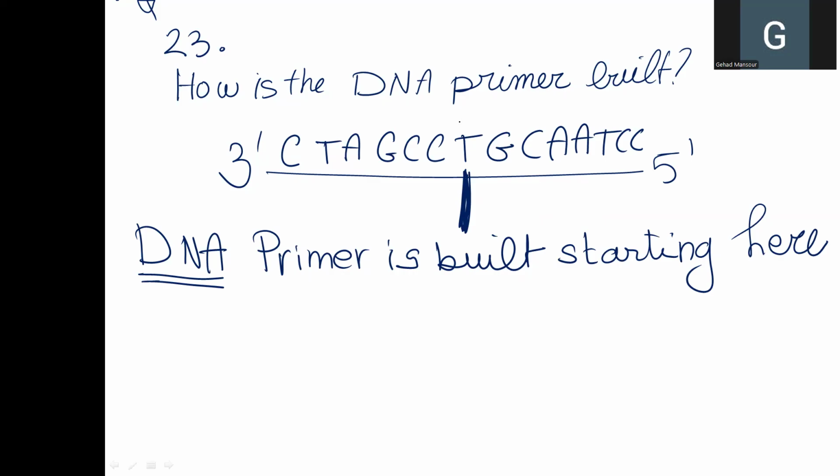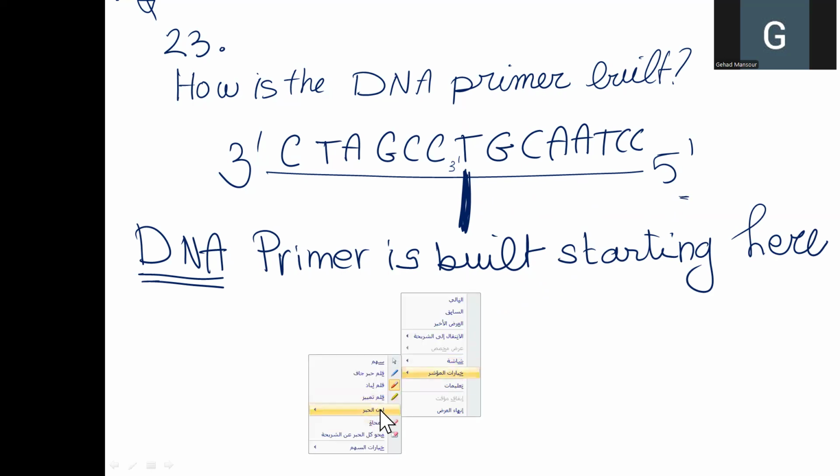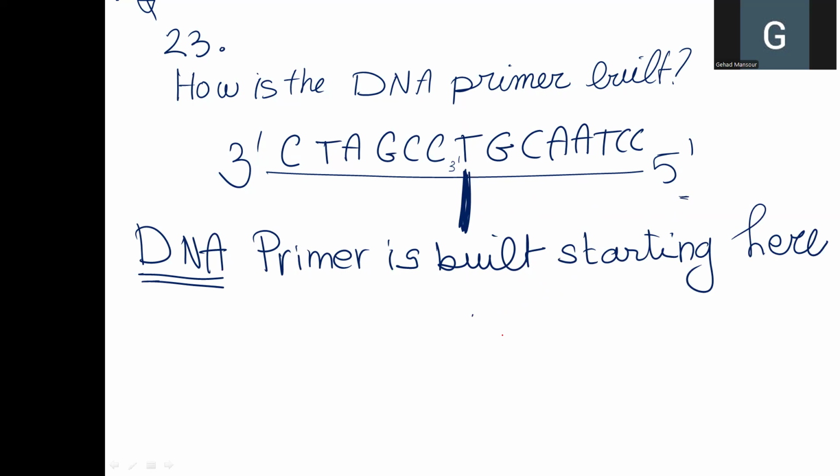So if this is the 3' end, of course, because we are to the left, and this is the 5' end, then the primer, and I'll draw the nitrogenous bases or the nucleotides of the primer in red, will be built in this direction, complementary to this part of the DNA strand.